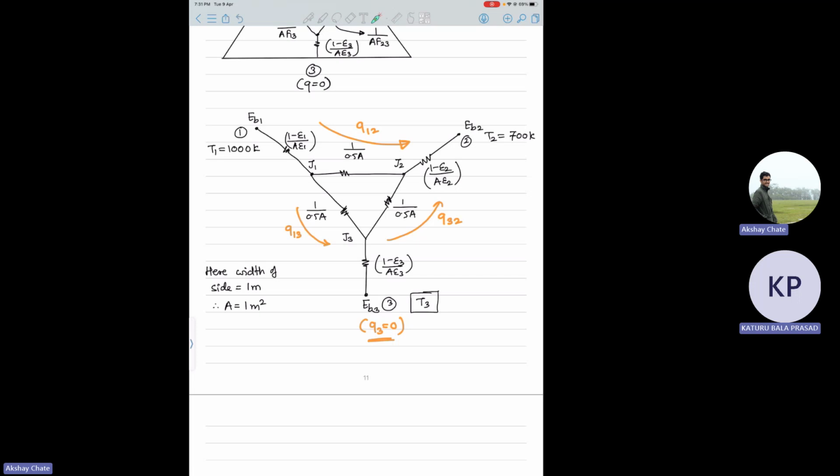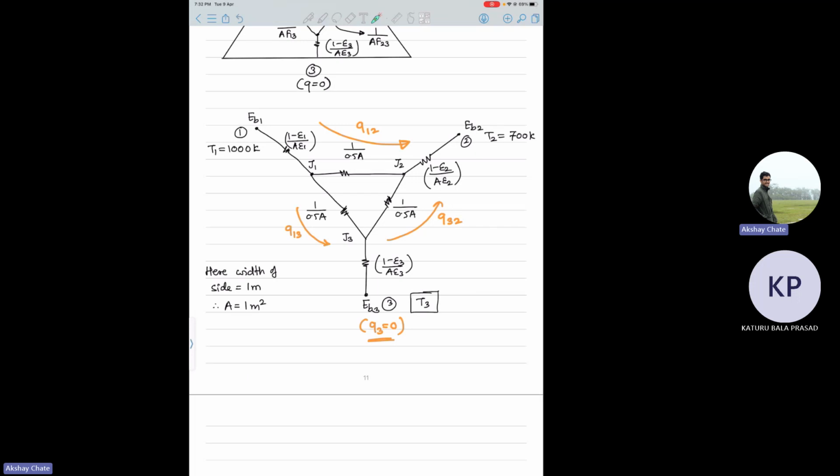Determine the net radiation heat transfer from the surface 1. Yeah, so from surface 1, heat is going to 2 as well as 3, according to this assumption of directions. If you had assumed some other setup, then you have to see which direction. But this is simple, no? We have to just add 1 to 2 and 1 to 3. But now the question is how to find them.